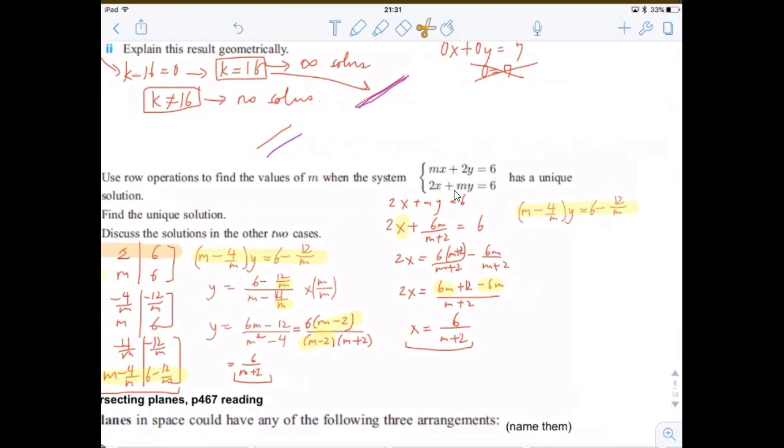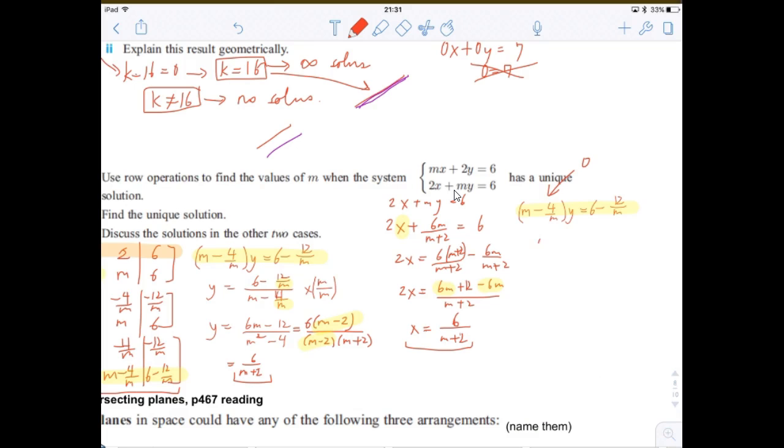So when would this not have any solutions? Well, remember that if we have something like 0 equals 5 or something weird like that, then it will not equal anything, so we're not going to have a solution. So let's try to make this coefficient into 0. That would make things very bad.